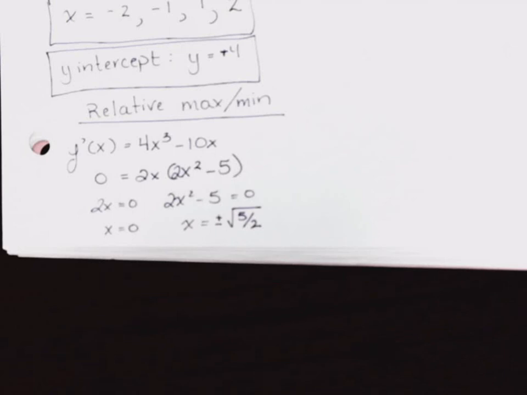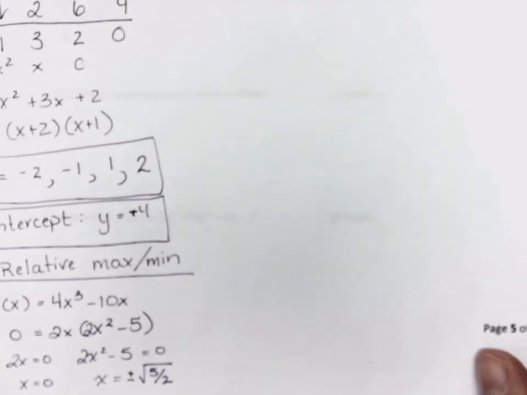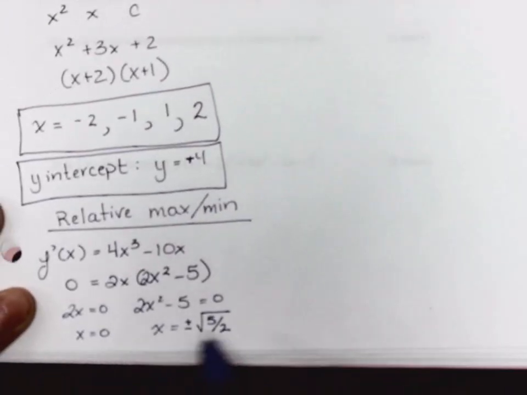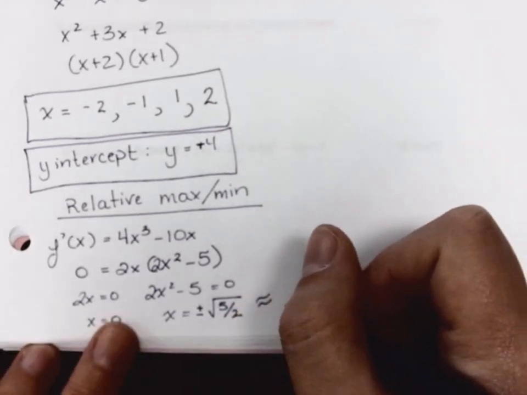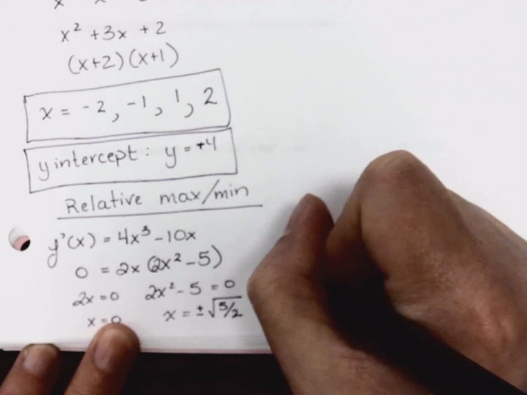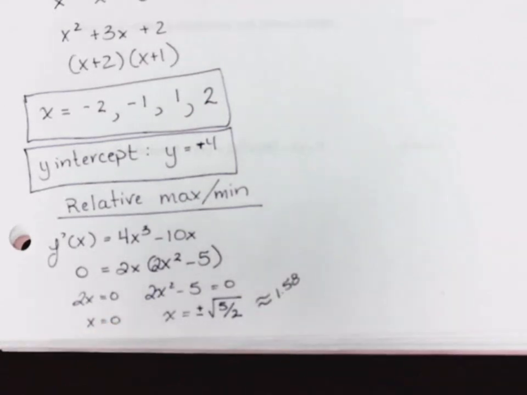Do you want to do sign analysis, or do you want to do second derivative to figure out if these are max or mins? Second derivatives. Okay, so we have 3 critical values at 0 and then at plus minus the square root of 5 over 2. And FYI, that's approximately 1.58, just in case, because we're going to graph them.